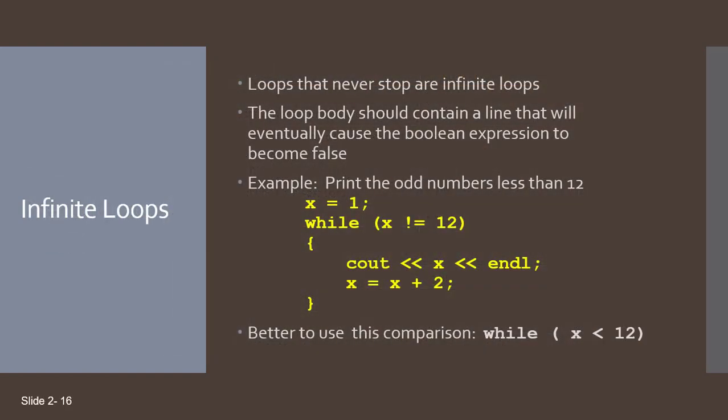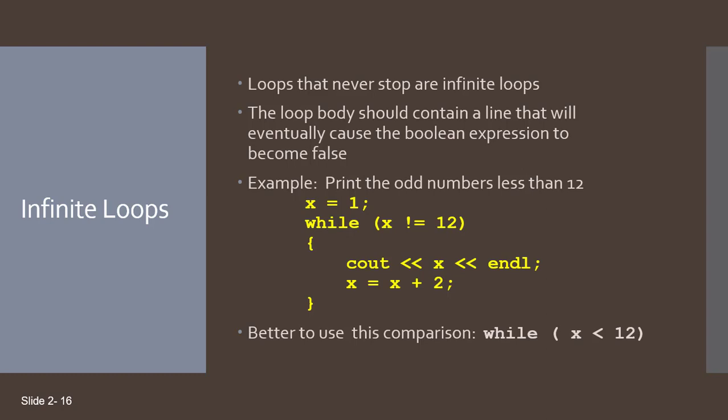Now the biggest problem with while loops is it's easy to screw these things up. A while loop can become an infinite loop that does not stop if we don't do the right thing. Let's take a look at this example. Here we've got a program that prints the odd numbers that are less than 12.